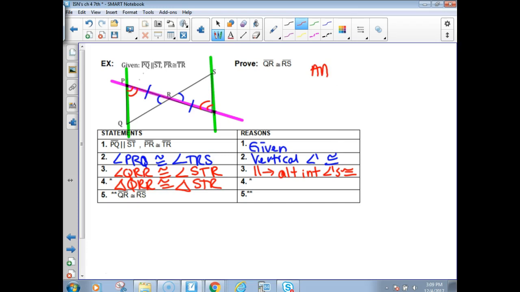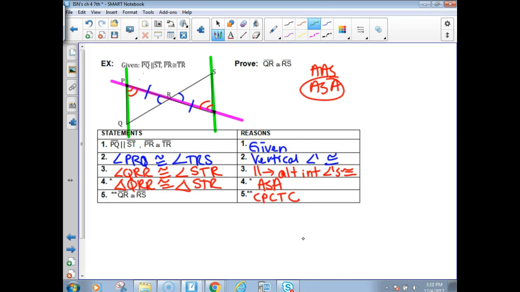Is it angle side angle side or angle side angle? Okay, see how the side's smushed in between them, really close in between? That's ASA. Okay. Now, the rest of the parts are congruent by CPCTC. Did anybody see another way to do this proof?